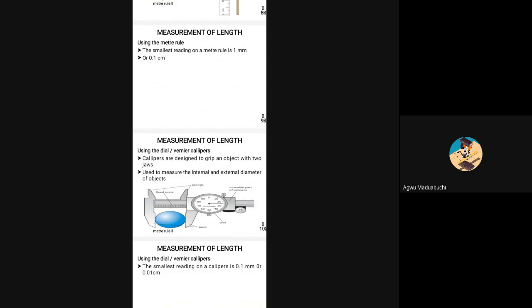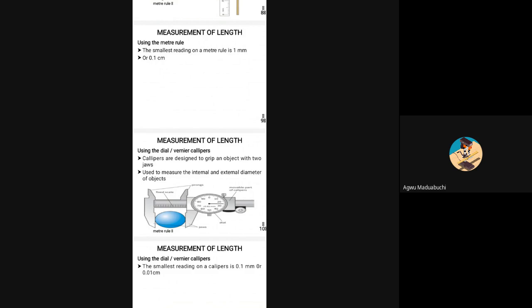Now, if they want you to take measurement using the vernier caliper, of course, the length of the object is not large, then it's likely the object is circular in shape. Very likely. So in that case, that's how to use a vernier caliper.